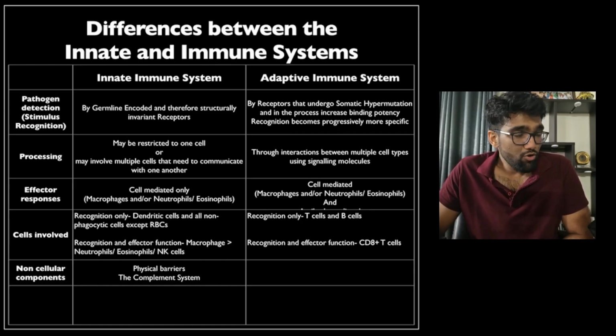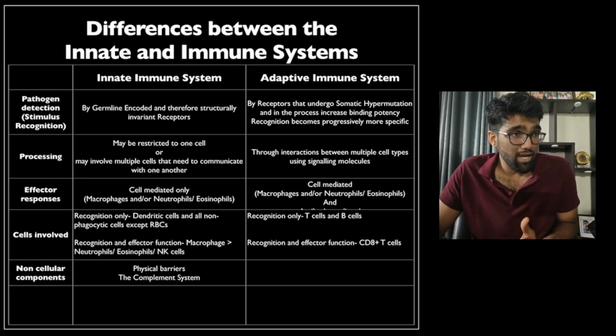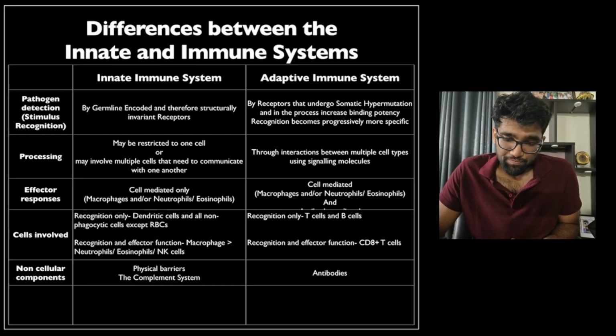In the non-cellular components, the main two non-cellular components of the innate immune system are the physical barriers within the body, which obviously are the mucosal surfaces, the skin, etc., and the complement system within the serum and the extracellular fluid. And the main non-cellular components of the adaptive immune system are just antibodies.